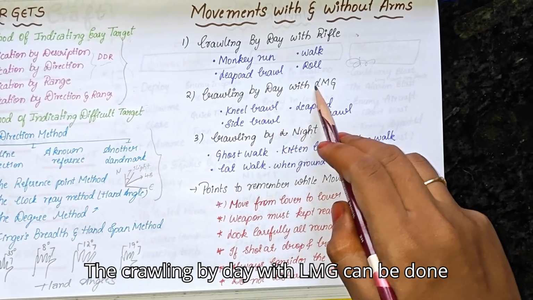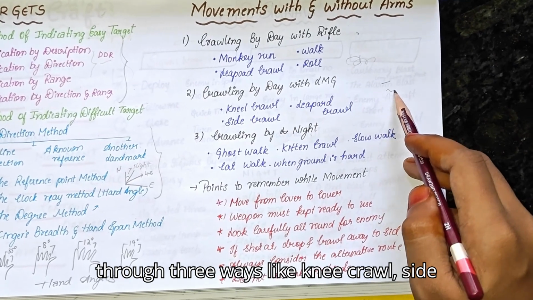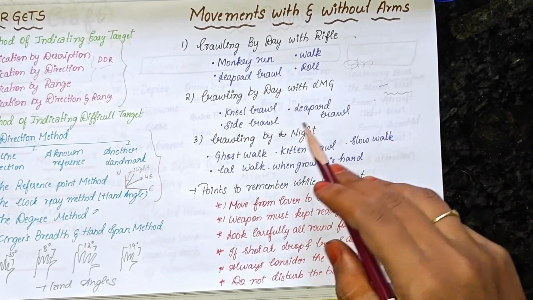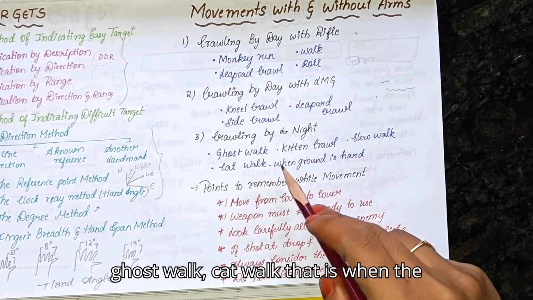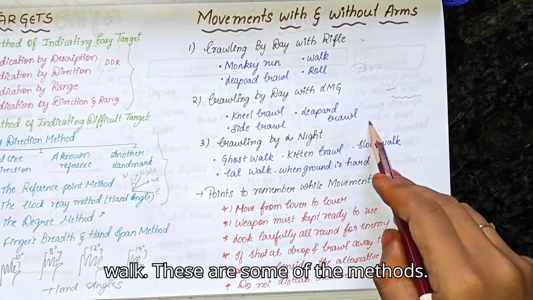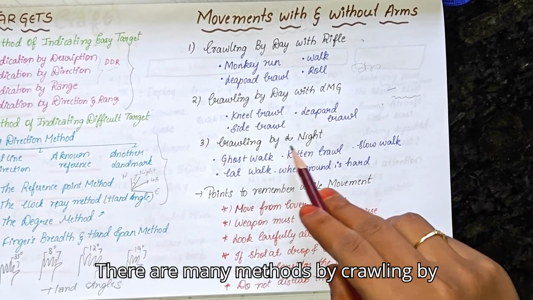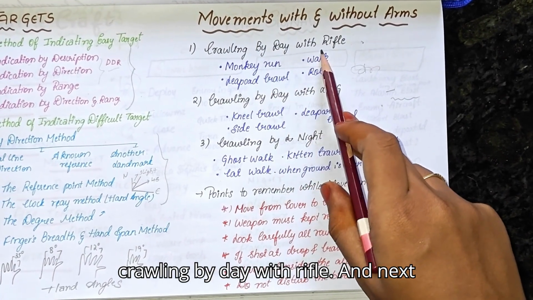Crawling by day with LMG can be done in 3 ways: kneel crawl, side crawl, and leopard crawl. Crawling by night can be done through ghost walk, cat walk, that is when the ground is hard, kitten crawl and slow walk. These are some of the methods.